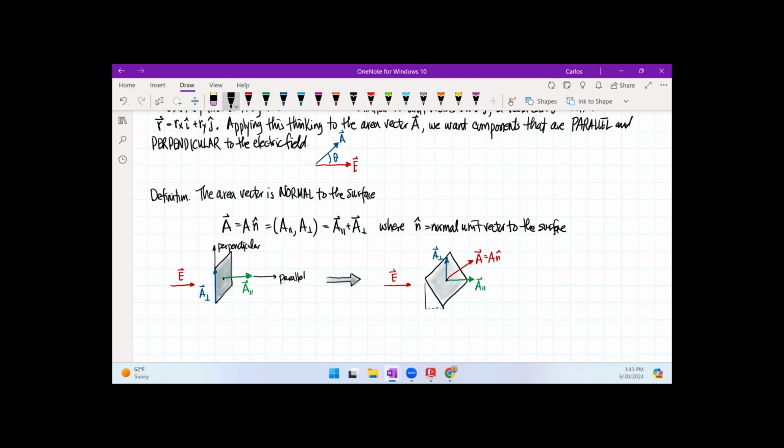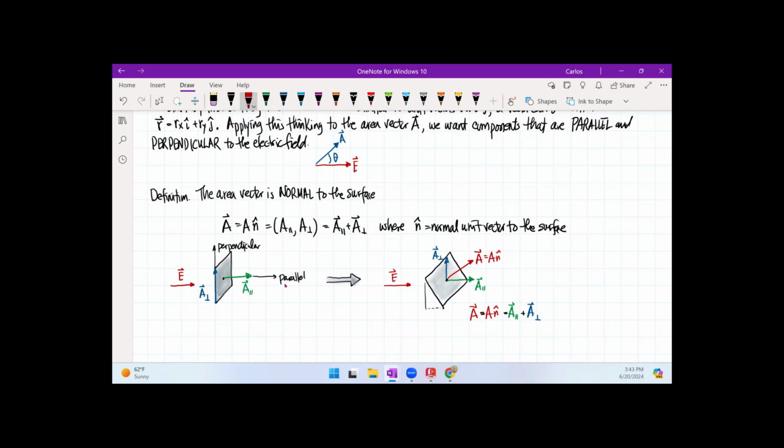So now I can write this vector that now reads something like this. So I now have a vector that is going to be a vector, which of course could be A n hat. But if I decompose this guy, this is what I see here. I see I have A parallel and I have A perpendicular. And that's what my area vector is.